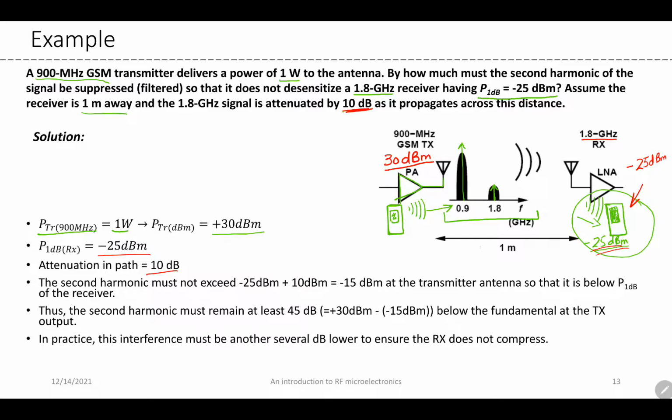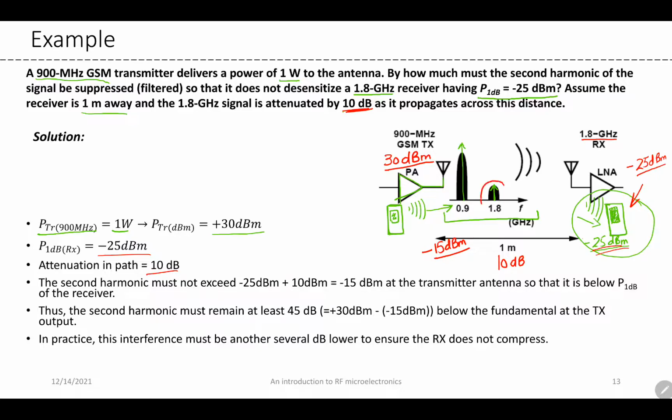It is separated by 1 meter, and in that 1 meter there's a loss of 10 dB, which means that in order for this signal to be minus 25 dBm at the receiver, it should be minus 25 dBm plus this 10 dB, so that is minus 15 dBm, right?